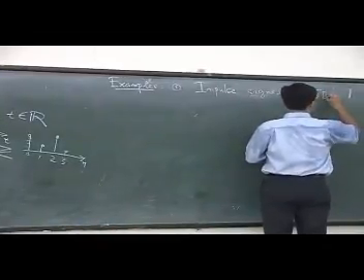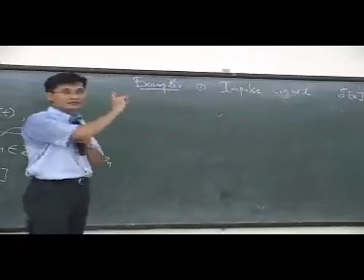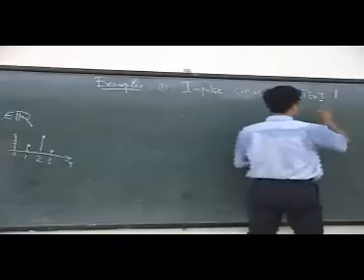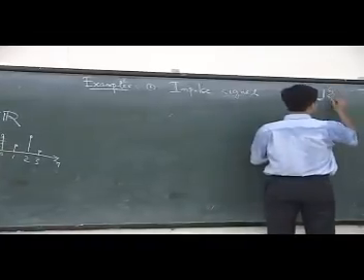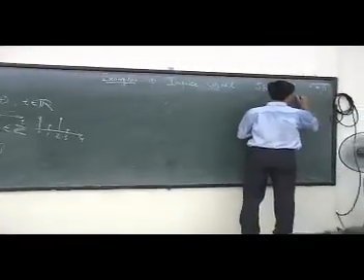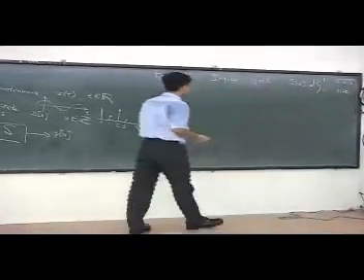We put the signal delta n here. I have a special letter denoting that signal, delta. Delta n is defined as equal to 1 when n equals 0, and 0 otherwise. That's the impulse signal.